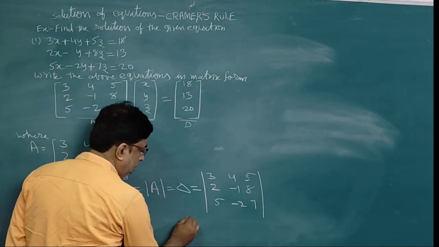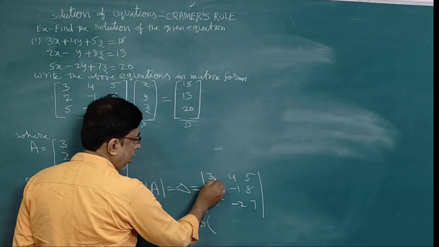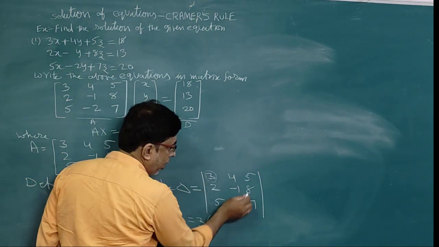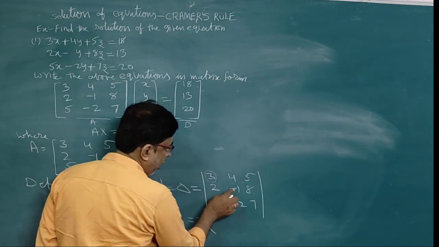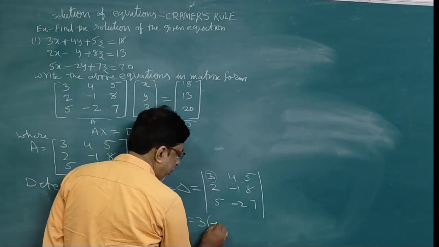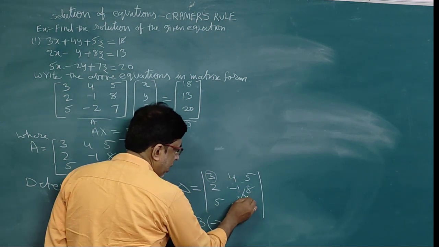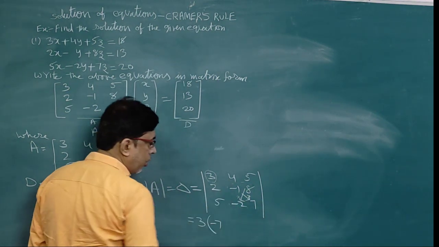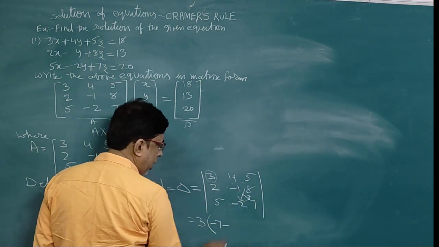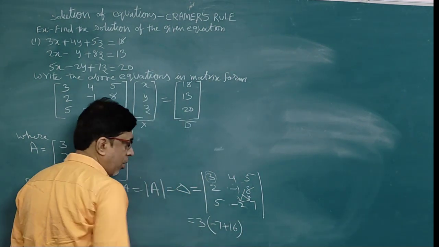Now find the determinant. 3 into the cofactor of 3: this row and column go away, and what is left is this matrix only. Minus 1 into 7 is minus 7, and 8 into 2 is 16. The formula has a minus, so minus 16 with minus gives plus. Minus 7 minus 16.